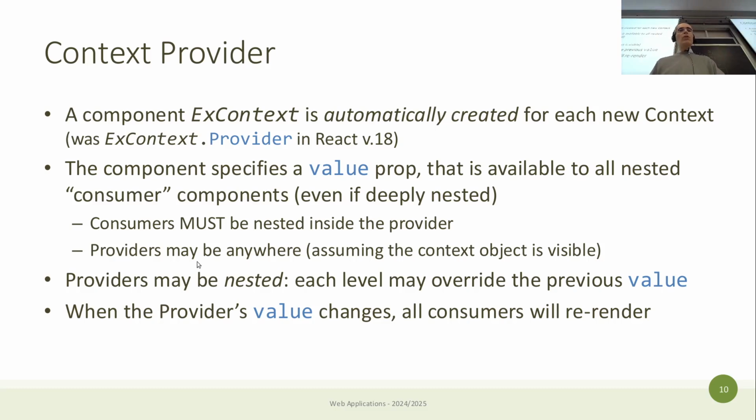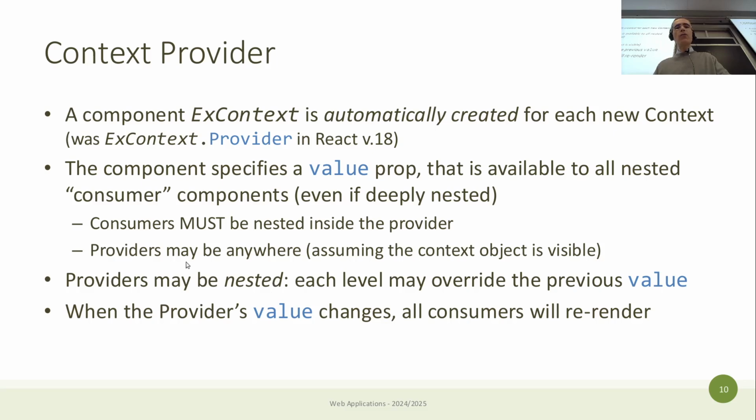The provider is the one that is available from the object created by React.createContext. It was XContext.Provider in React 18. In 19 you don't have to specify the Provider prop, and they simplify the syntax. You can still use the older syntax anyway.